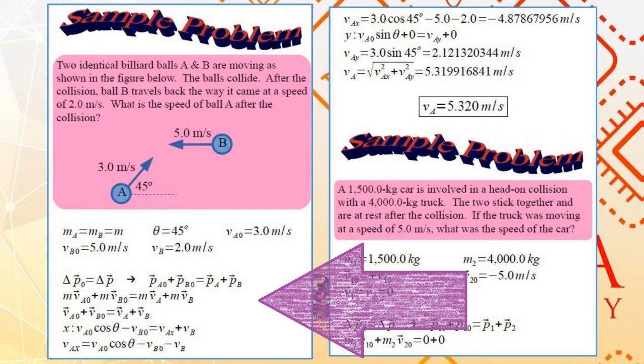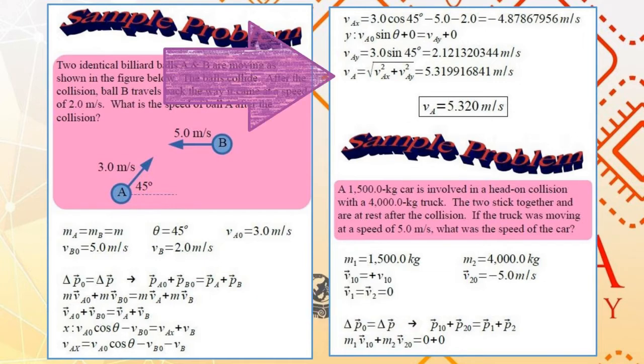So, positive VB. The only unknown is VAX. So we isolate VAX. VAX is equal to VA initial cosine theta minus VB initial minus VB. We are thus able to calculate the x component of VA as negative 4.87867956 meters per second.